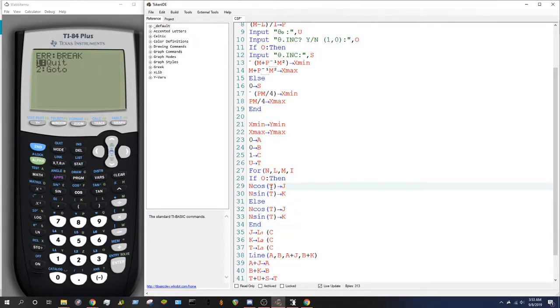Okay. So this should be just 90 minus t and then 90 minus t. I think that makes sense. Let's hope it makes sense, because I don't know. Control 2.